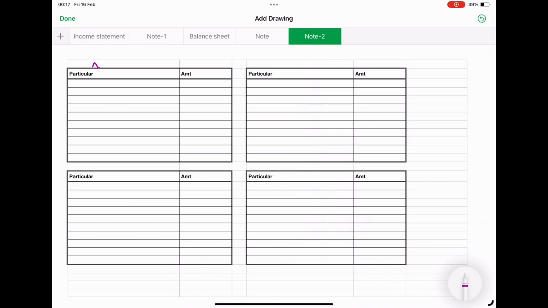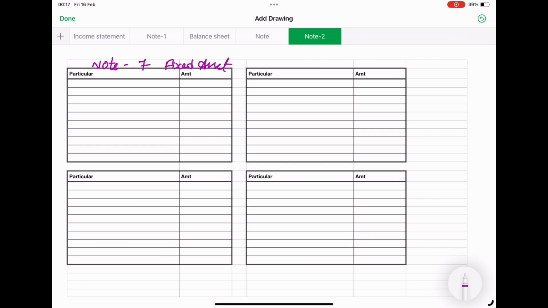Note 7 we are having fixed assets. So we are going to write down all the fixed assets which we are having.